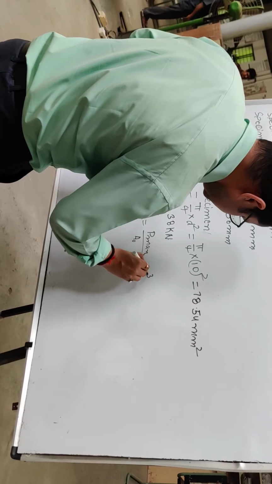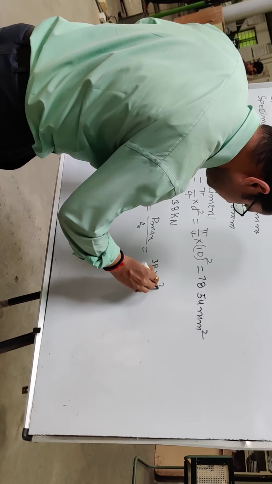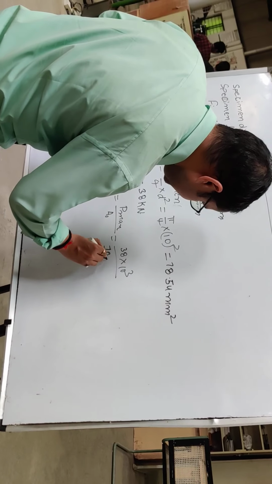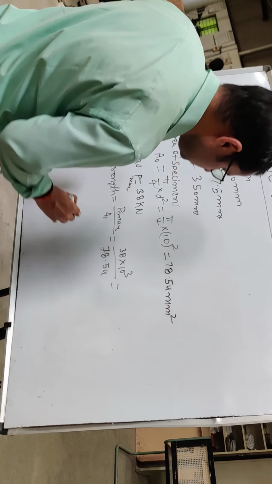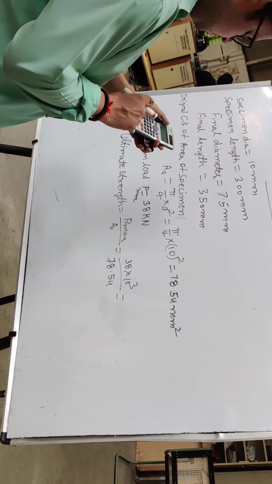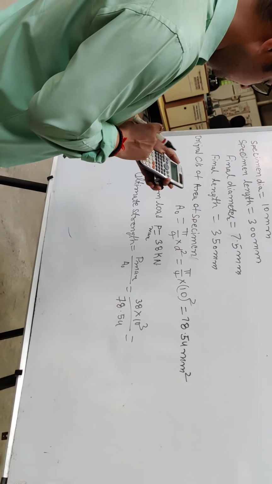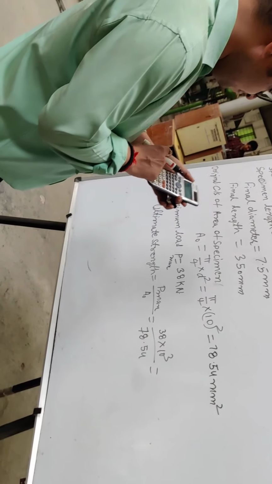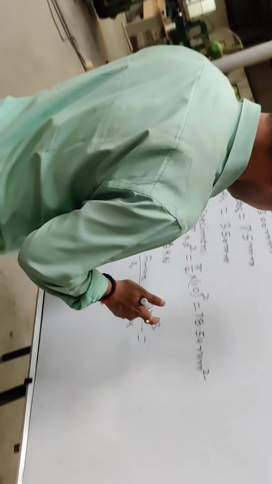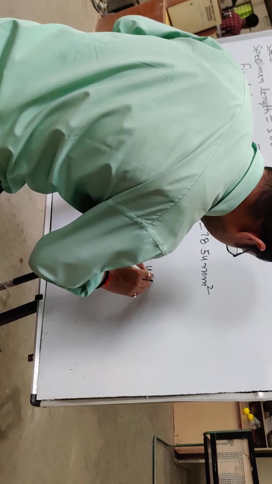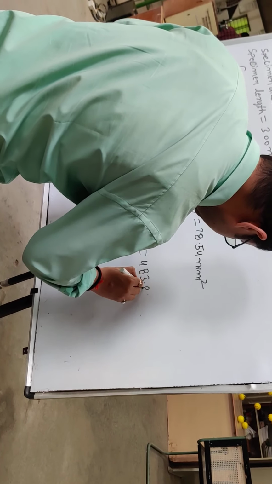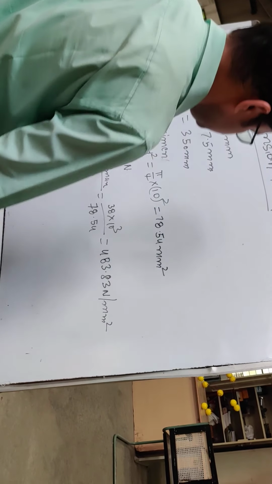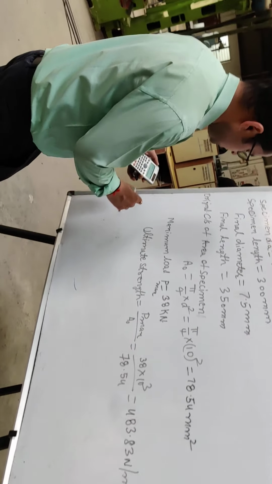So P max is 38 into 10 to the power 3 upon cross section area 78.54. So 38 divided by 78.54, it comes 483.83 Newton per mm square, which is the ultimate strength.